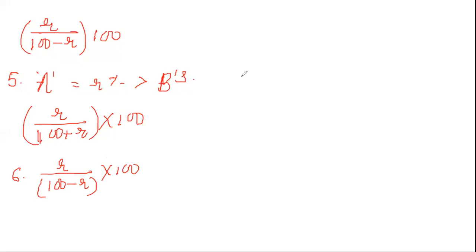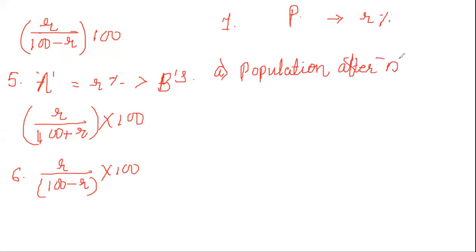Okay. Now, while we are counting population, which formula we are using? First one, let the population of a town be P. Suppose that population is P and it increases at the rate of R% per annum, per year. So here we are taking the first formula, population after n years, which is equal to P into 1 plus R divided by 100 raised to n.